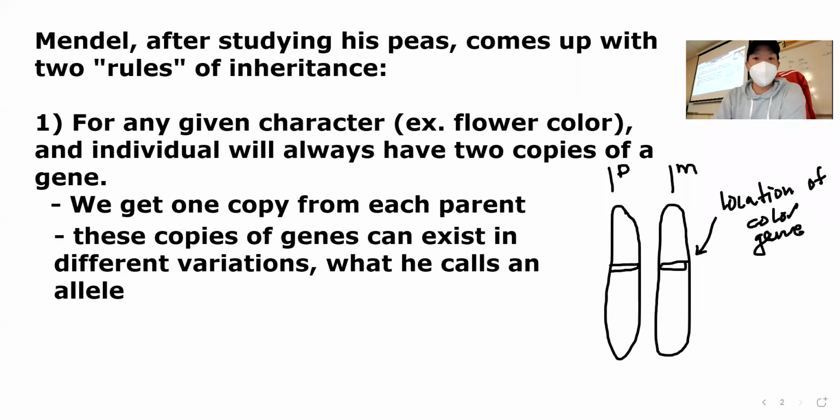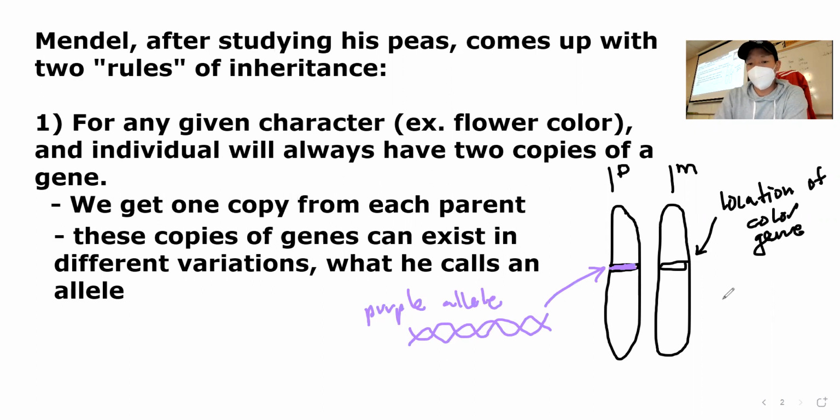If we were to draw in, let's say on this dad's chromosome here, that there is a certain sequence of As, Ts, Gs and Cs in the DNA at this location, we would call this the purple allele. Then just for sake of example, this other one could be purple or it could be white.